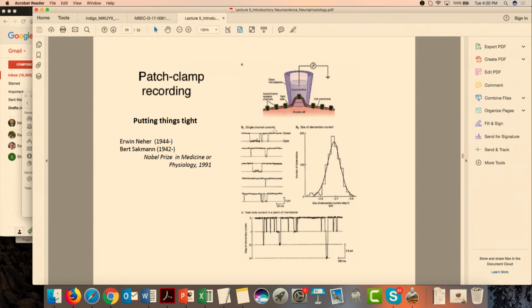When you apply some voltage, the channels open up, and quanta of sodium or potassium appropriately go in and out. They got a Nobel Prize for that. It is called the patch clamp technique. They call it patch because it's a microelectrode that patches to the cell, to stick to the membrane.